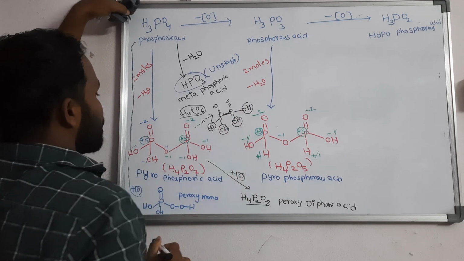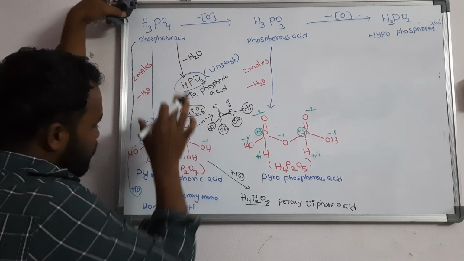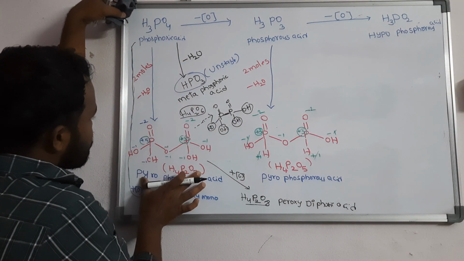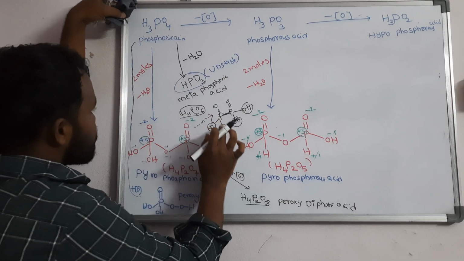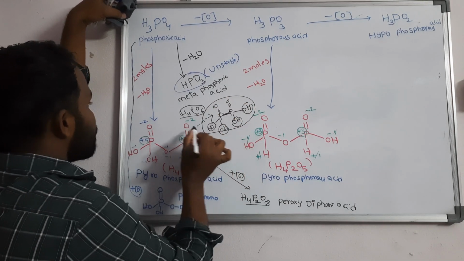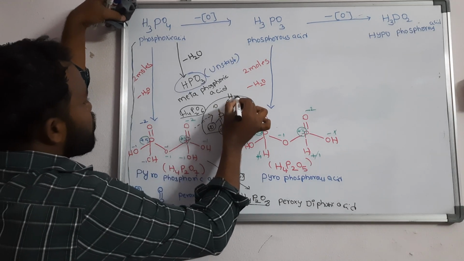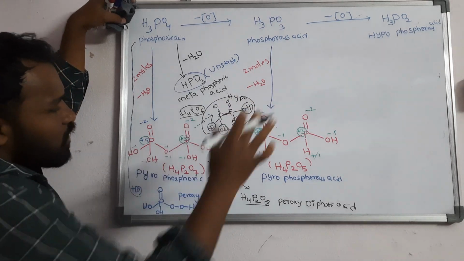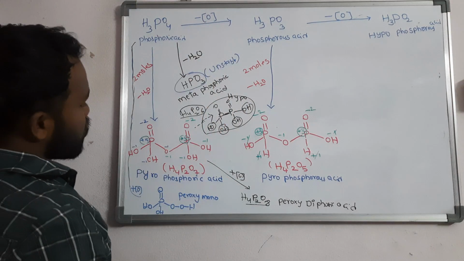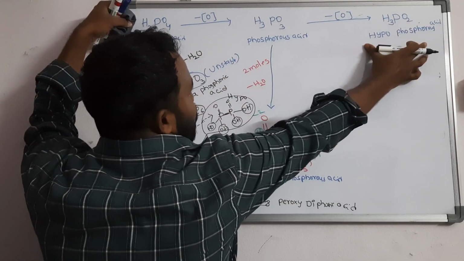The number of PP bonds, how many? This is phosphoric acid, pyrophosphoric acid, then this is hypophosphoric acid. This is called hypo. You are removing from this to get hypophosphoric acid, right? Here the board is not sufficient, but the order you should remember: phosphoric acid, phosphorus acid, hypophosphoric acid.